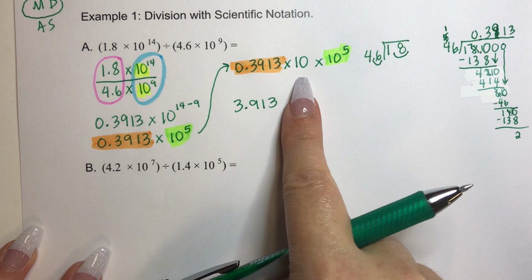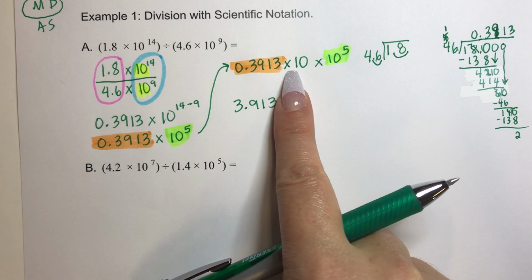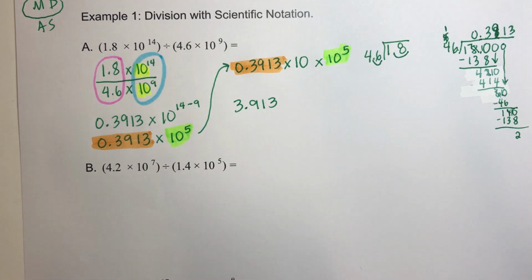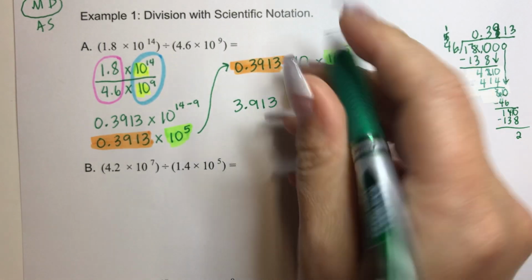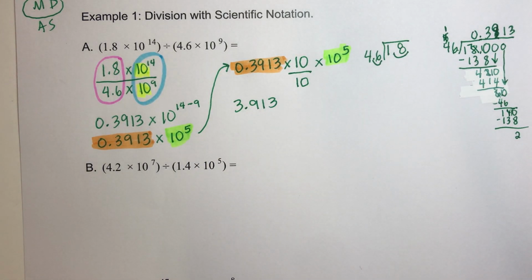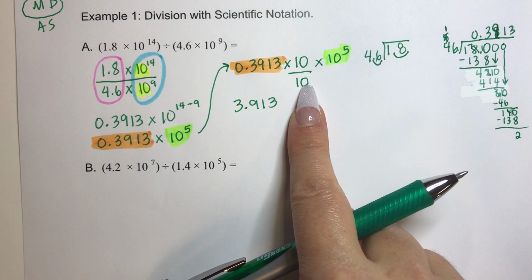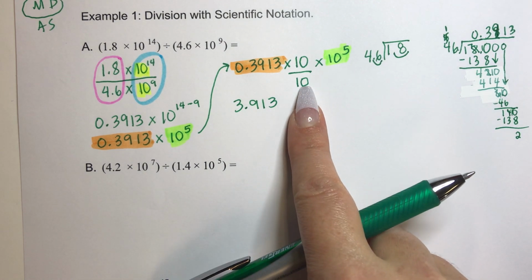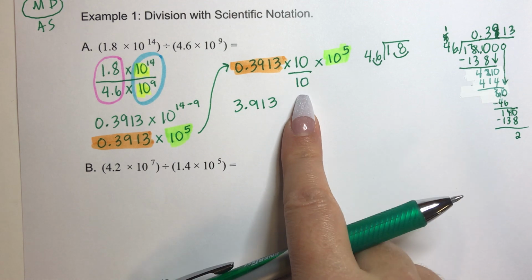But I can't just multiply something by 10 and have it be the same thing. So if I multiply it by 10, I am also going to divide it by 10 at the same time. Because what is 10 divided by 10? 10 divided by 10 is 1, and I can multiply any number by 1 and it remains the same number, right?